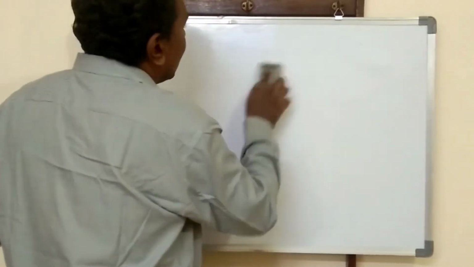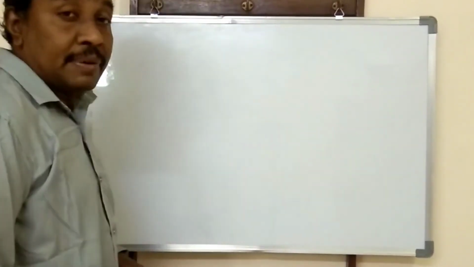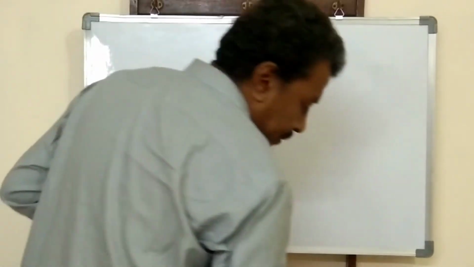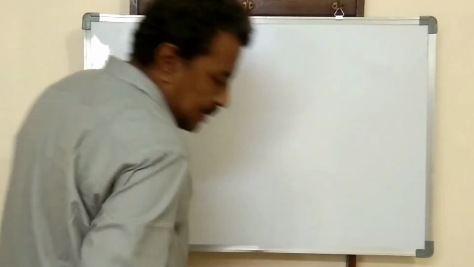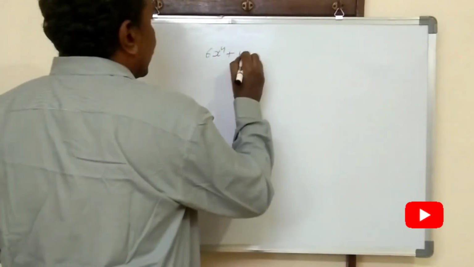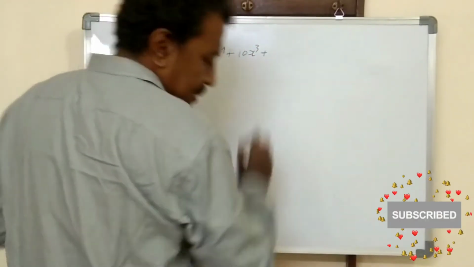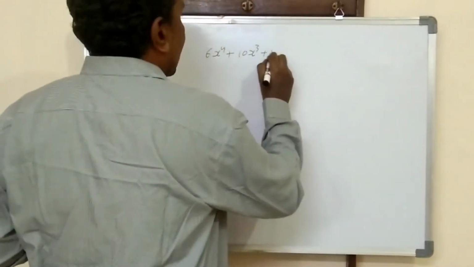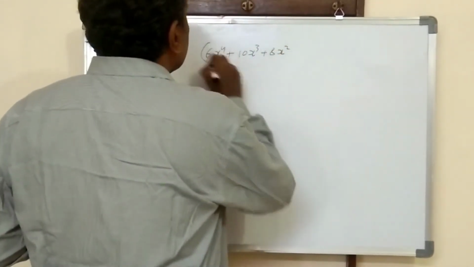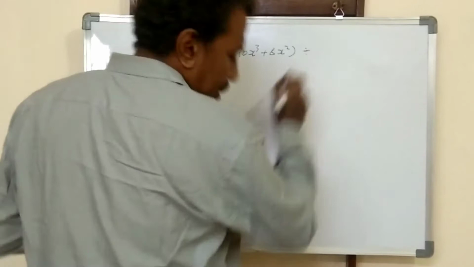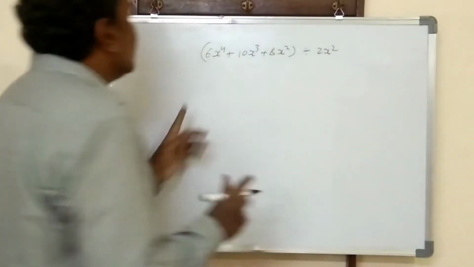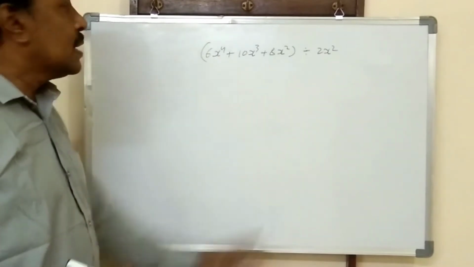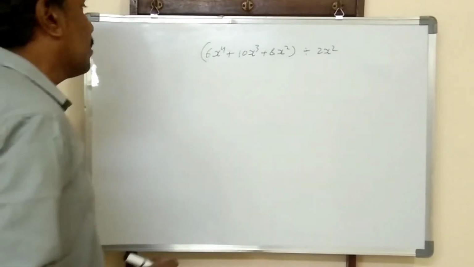Now a trinomial with a monomial. I'll take one example: 6x power 4 plus 10x cube plus 8x square is divided by 2x square. This is the trinomial, divided with a monomial.